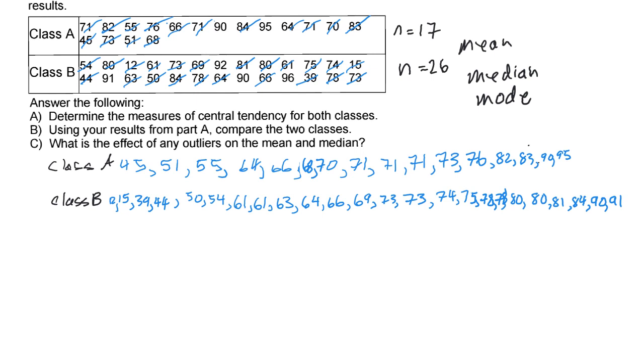So what you have to do is calculate the mean of class A, the mean of class B, then you have to calculate the mode. So let's go and calculate the mean of class A. Mean of A is equal to the sum of A divided by 17.